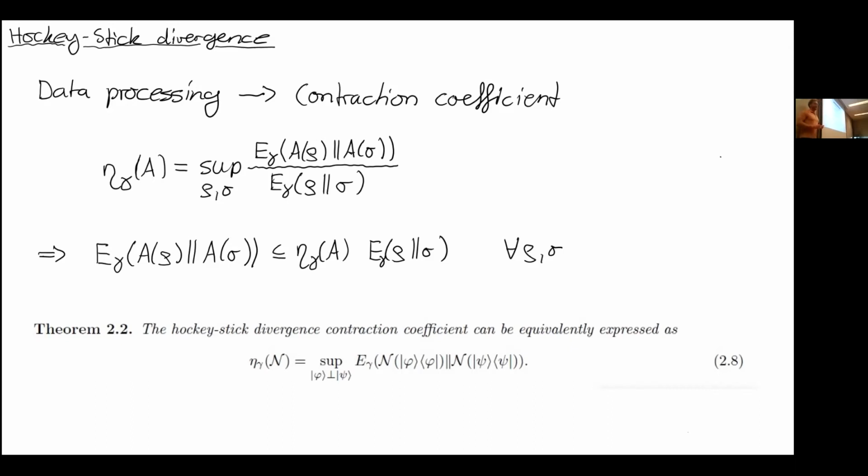For the hockey stick divergence, we actually found a very easy expression where we don't have this fraction of two terms anymore, but we just have to optimize one divergence over orthogonal pure states. So as opposed to general contraction coefficients, this particular one is rather easy to compute, both numerically and analytically. For gamma equal to 1, this reduces to a well-known result for the trace distance, but it's useful in the sense that it makes things much easier to compute.